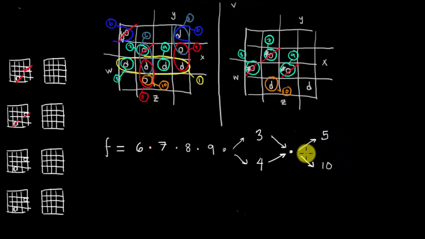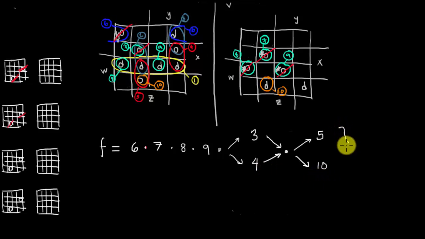Now, you could think that these are 2 solutions, but this is actually a different way of writing 4 different solutions. One solution would be 6, 7, 8, 9, 3, 5. Another would be 6, 7, 8, 9, 3, 10. And the other 2 would be 6, 7, 8, 9, 4, 5, and 6, 7, 8, 9, 4, 10. Those would be the four solutions of this problem.